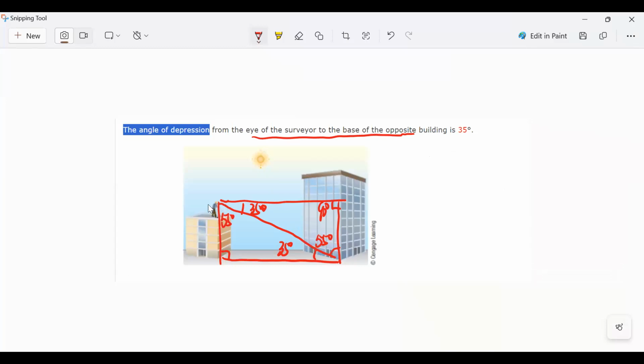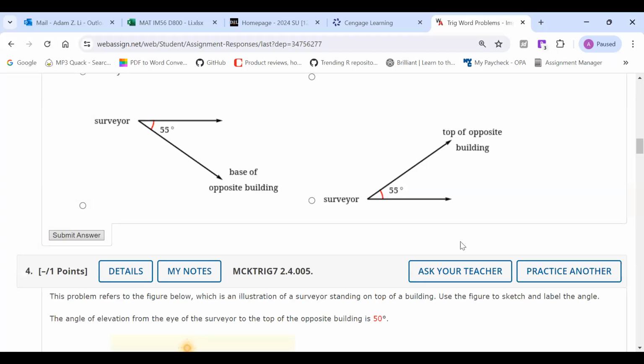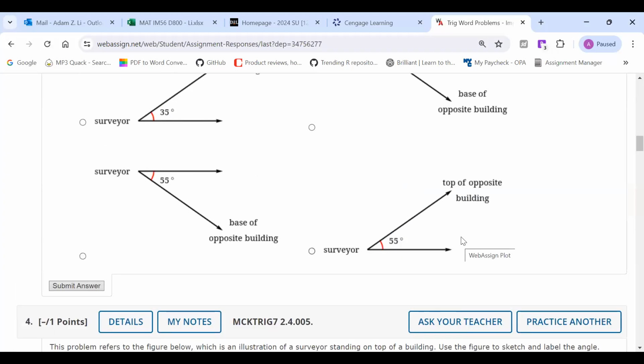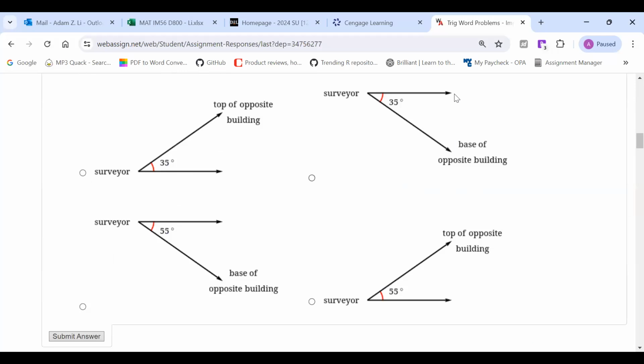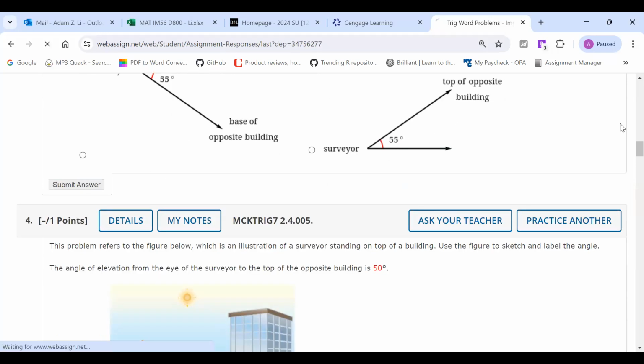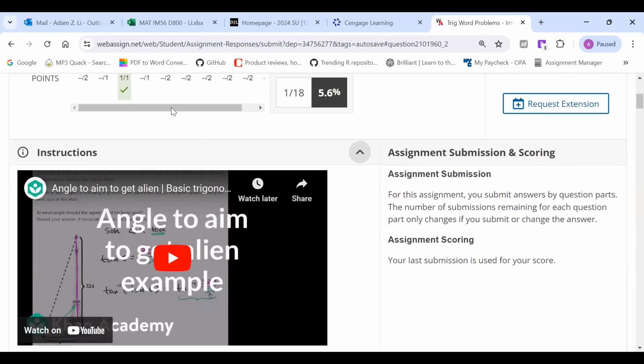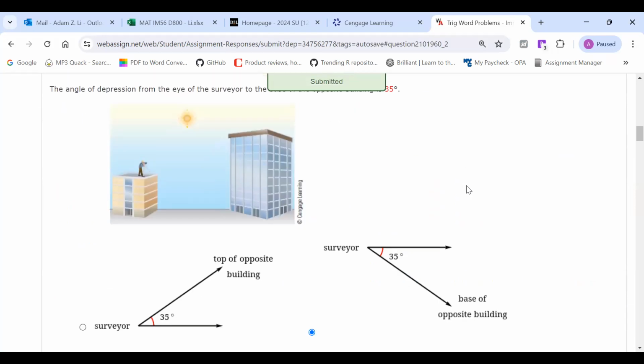So that'll be something like this, right? Let's see. This one best describes it. Okay, so this is the correct answer. This one is the correct answer. Yep, it is correct.